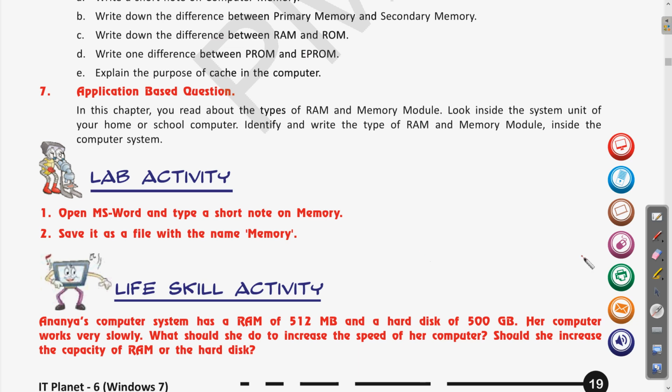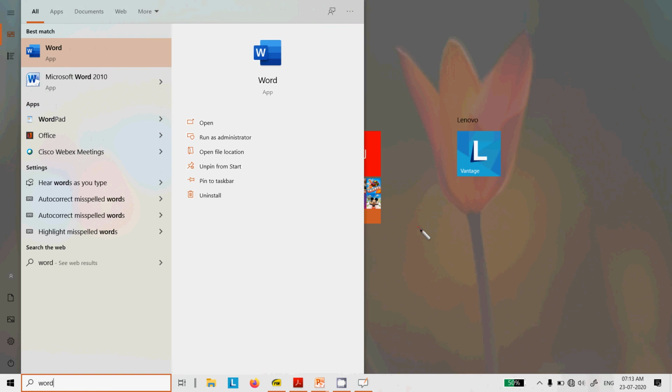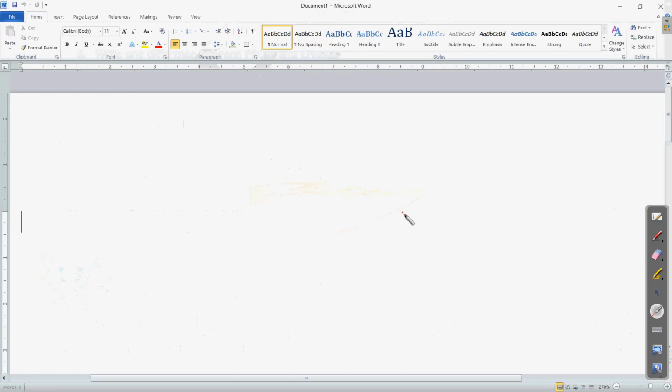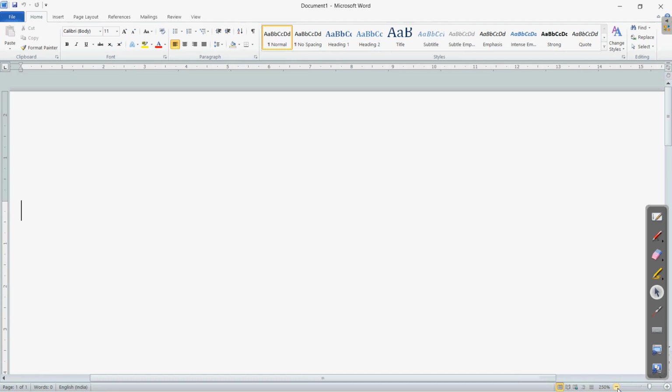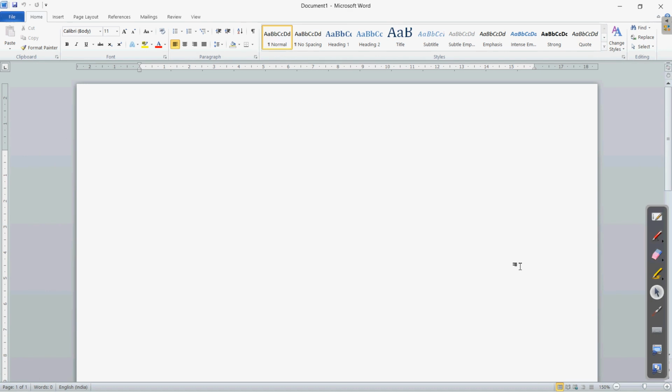Okay, now the next question is, so I hope you will be able to do it. If you can't, we can see it here, let us open a Word file. So here is the Word file, and here we can write using the MS Word feature, save the file and write a paragraph about memory.